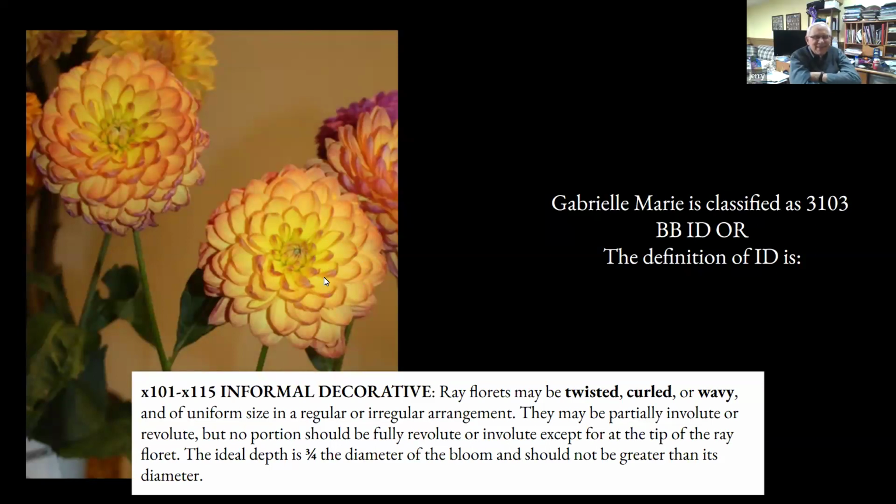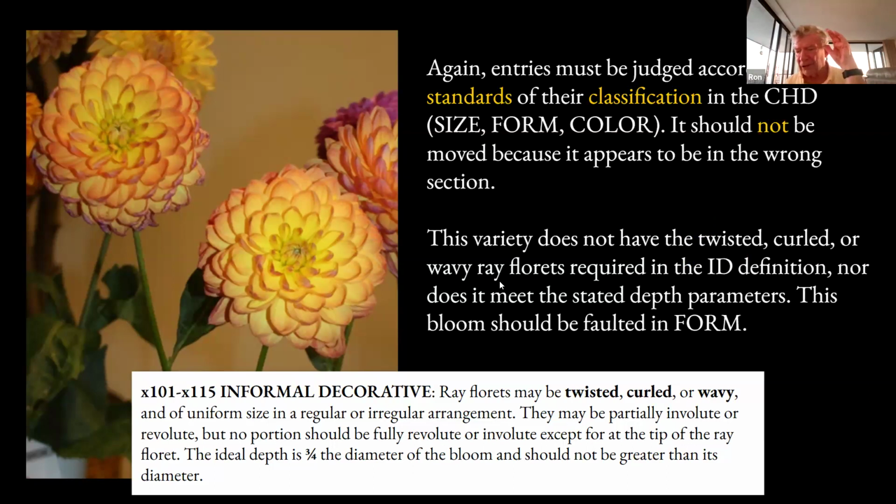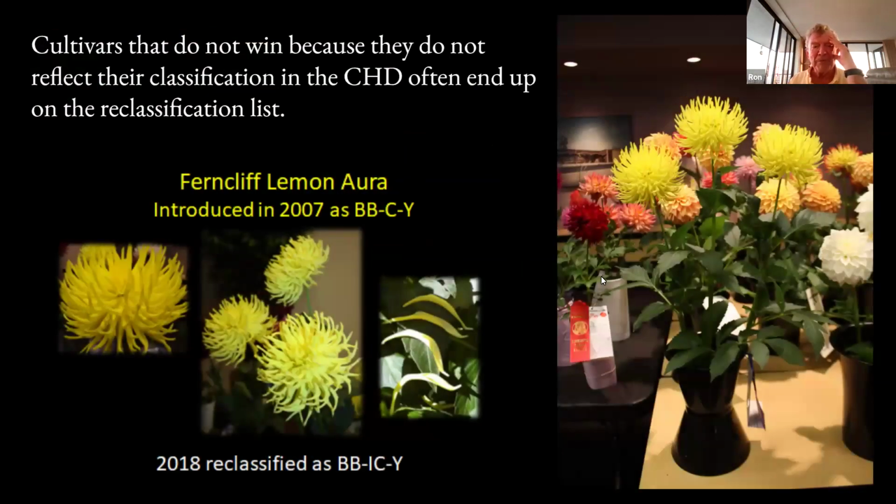So if you are in a class where you have something that looks more like an ID, trueness to form is a fault, and it is an important fault. And we talked about that when we talked about form. That clear? Anybody have questions? Feel free to leap in here. Yeah, it just says penalize it because it doesn't conform to the ideal definition of form.